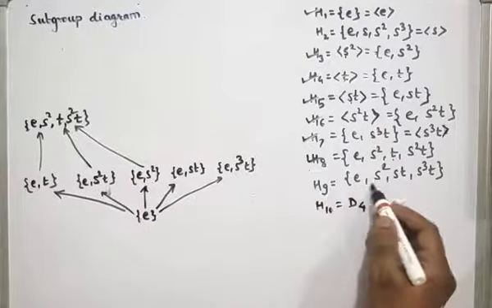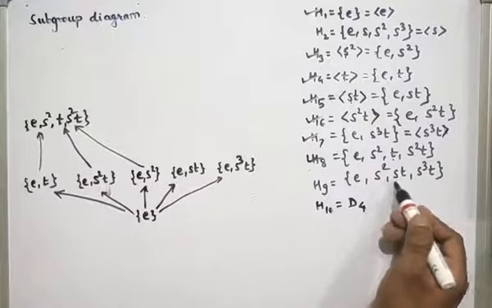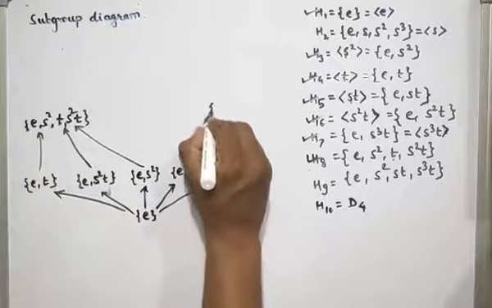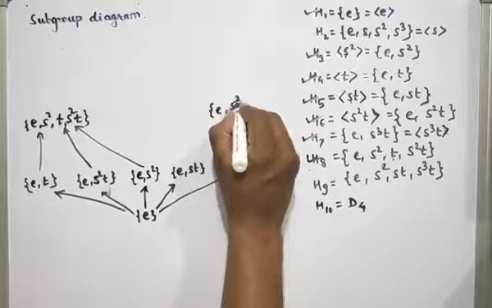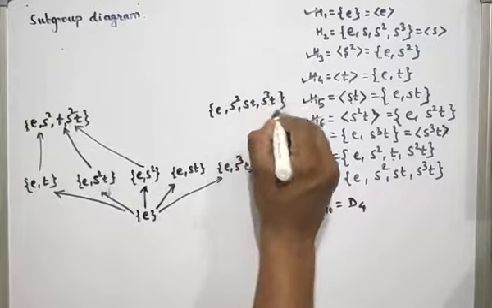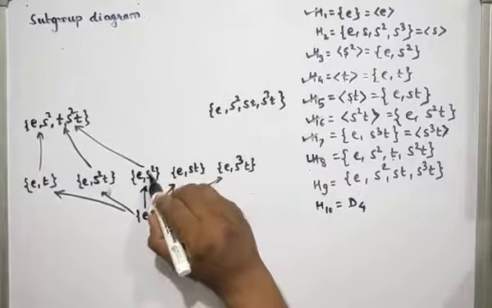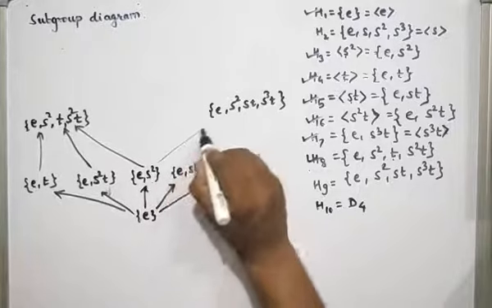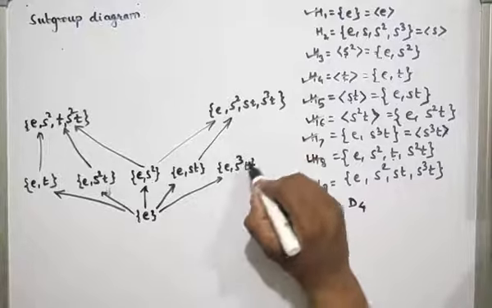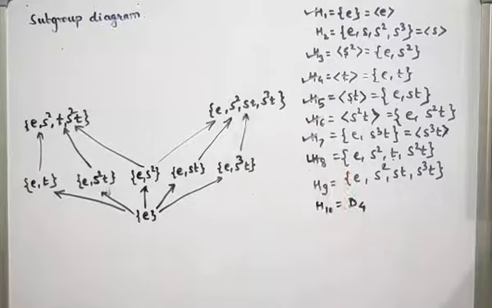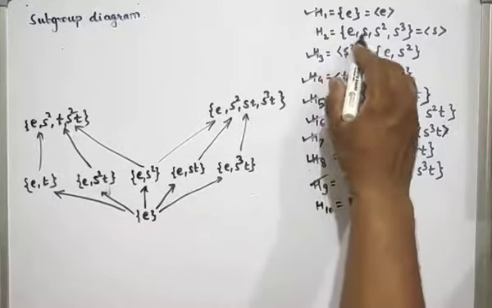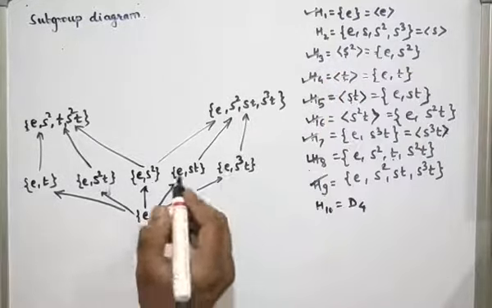Now next is identity S square and ST, S cube T. So here I will write identity S square ST and S cube T. Identity S square is a subset of this, identity ST is a subset of this, and identity S cube T is a subset of this. So this is done. Next is identity S square and S cube.